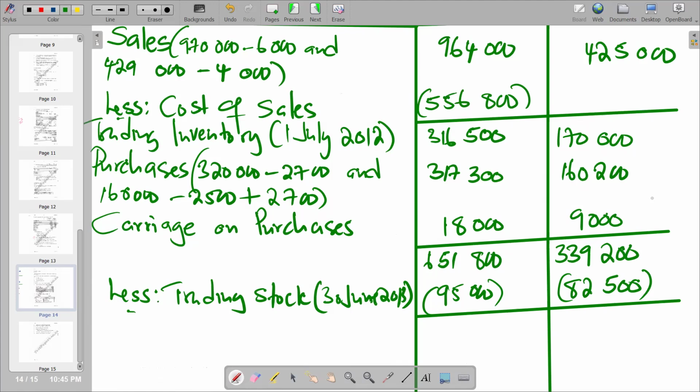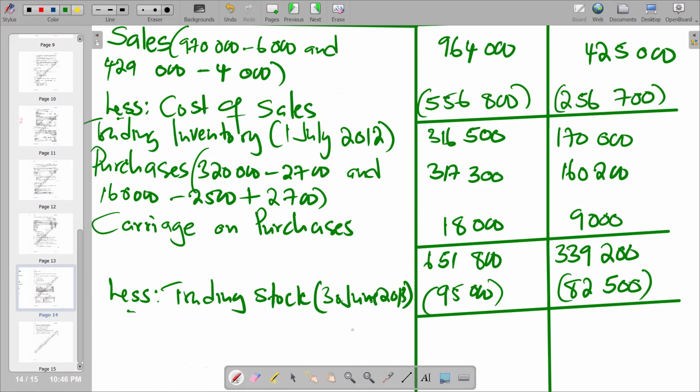339,200 minus 82,500. So we are going to get 256,700. Here we put brackets again to show that we are subtracting.